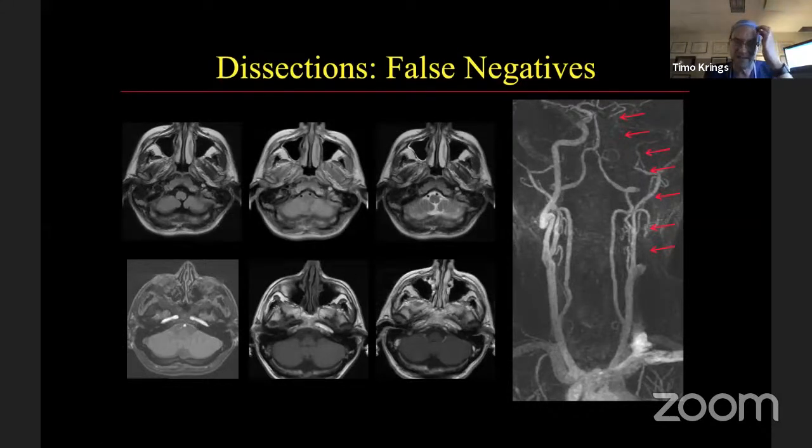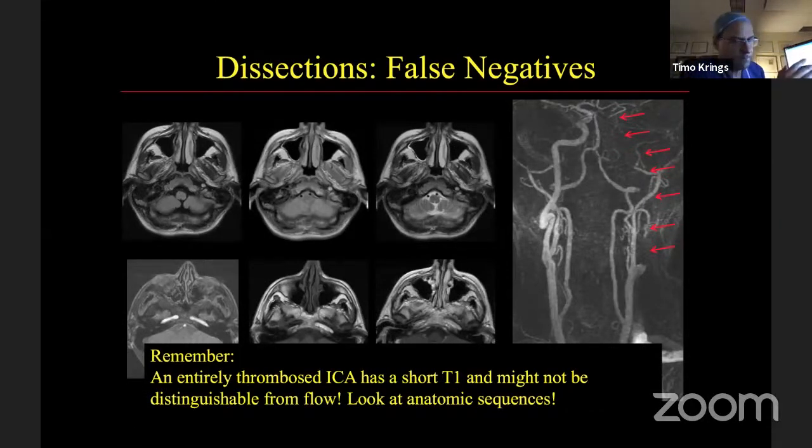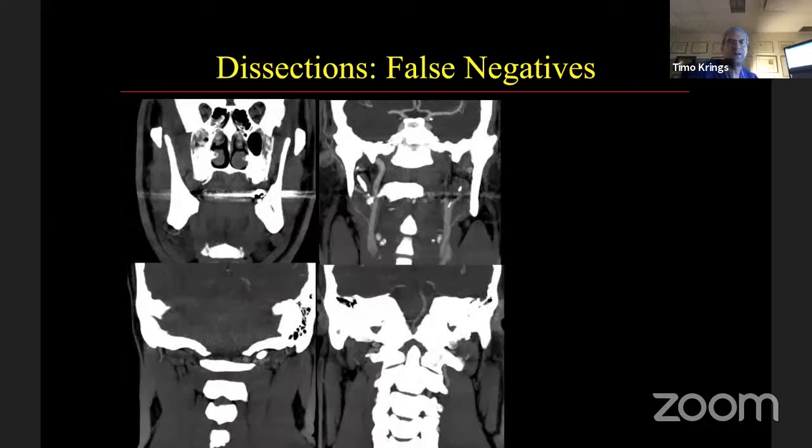And in this case, there was acute thrombus within the entire ICA, as visualized on this non-enhanced T1 weighted sequence that looked bright on the time of flight MRA. So remember that an entirely thrombosed ICA has a short T1 and may not be distinguishable from flow, and therefore always look at your anatomic sequences in addition to your time of flight technique.